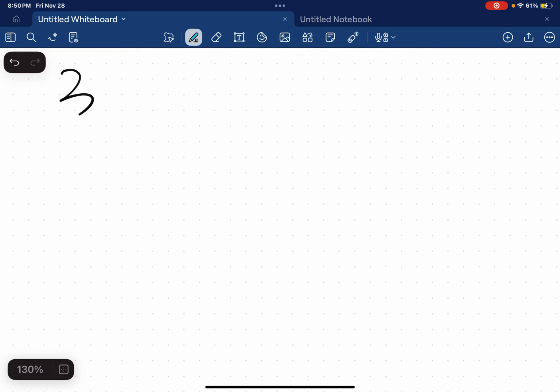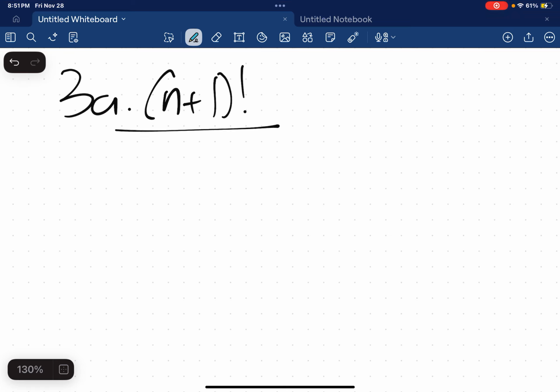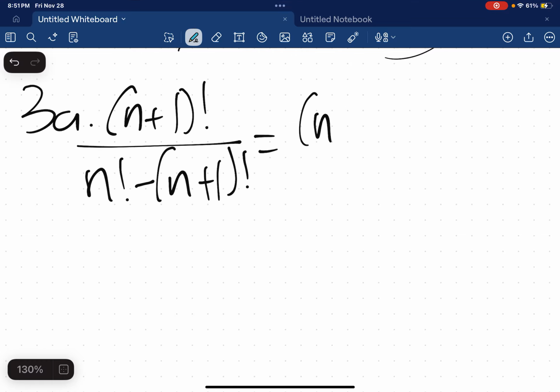Okay, on to 3a. 3a asks to simplify the following. Once again, this time we're in variable form. n plus 1 factorial over n factorial minus n plus 1 factorial. Okay, our numerator is going to stay the same for a second.